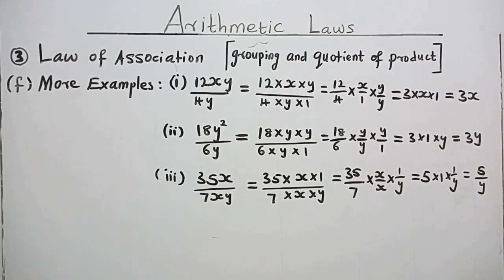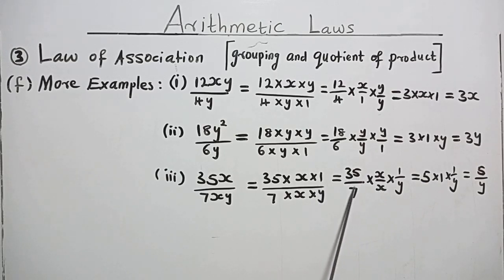Instead, let the result we produce be the best we can get out of a number operation. 35, let 7 divide it. This x, let this x divide it. This 1, let this y divide it. See the procedure here. 35 over 7 times x over x times 1 over y. That is 7 divides 35, x divides x, and y divides this 1.